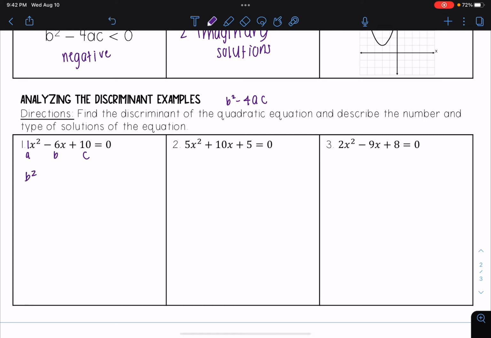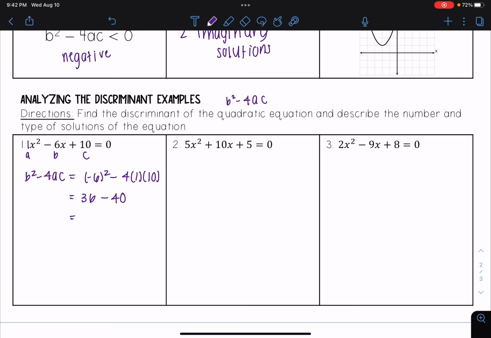So filling in b squared minus 4ac. Plugging in my values, I get that b squared is negative 6 squared minus 4 times a, which is 1, times c, which is 10. Negative 6 squared, I get a positive 36 minus 4 times 1 times 10, which is 40.